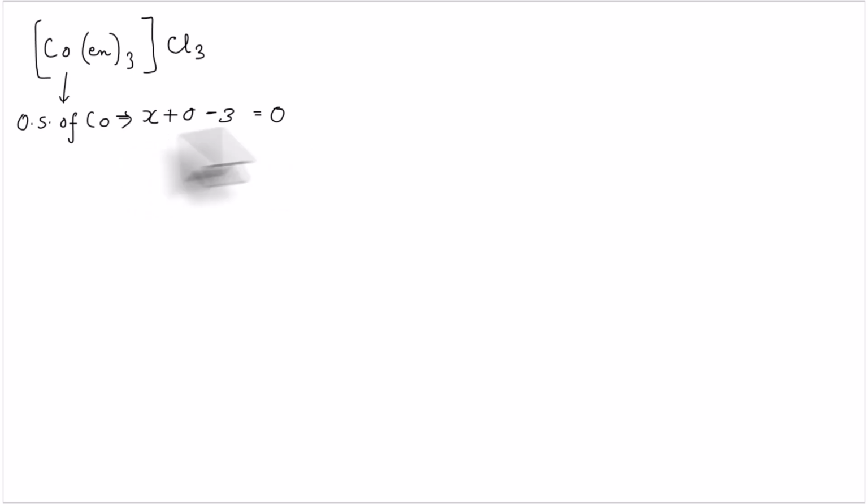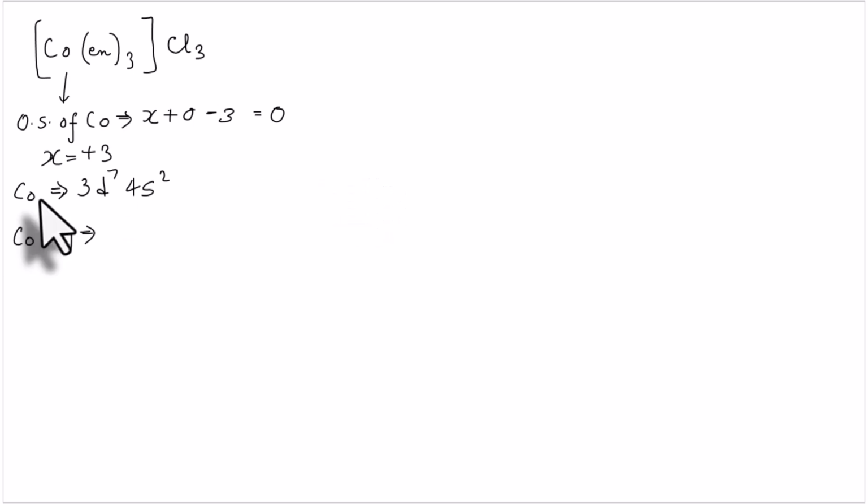Total charge on the complex is 0, so X comes out to be plus 3. So cobalt is plus 3. Now what is the valence electronic configuration of cobalt? It is 3d7 4s2. Cobalt in the plus 3 oxidation state becomes 3d6 4s0.